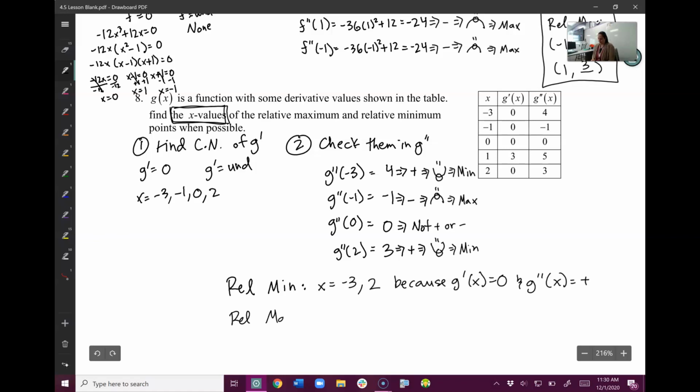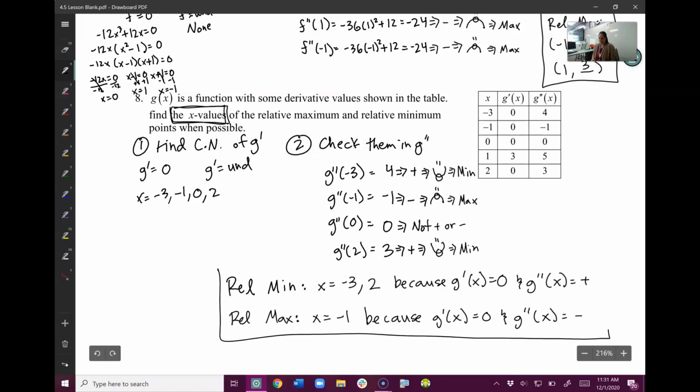And I have a relative max at x equals -1 because g prime is 0 and g double prime is negative. So there's your second problem using a table and our second derivative test. If you have any other questions, let me know, but you should be able to get started on your assignment.